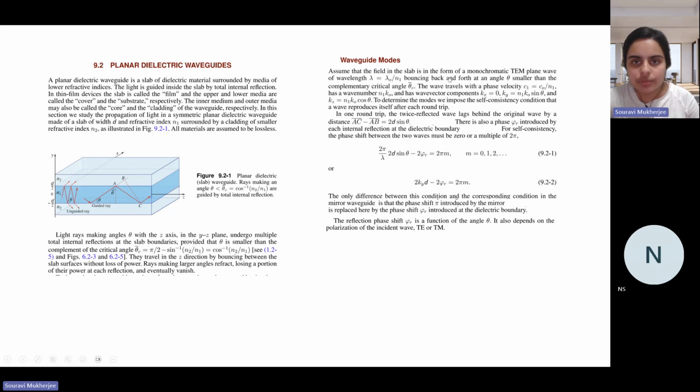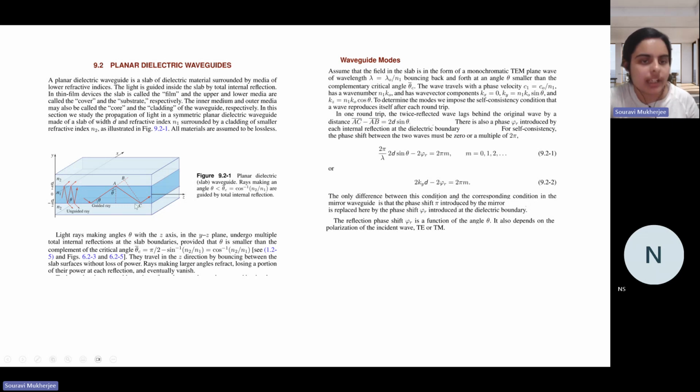So if you look at the waveguide modes, consider that you have some TEM plane wave, and you know what the refractive index is, so you know the wavelength of your wave inside that medium. And now you say that it's getting propagated, so there'll be some phase that it will acquire as it propagates, right?